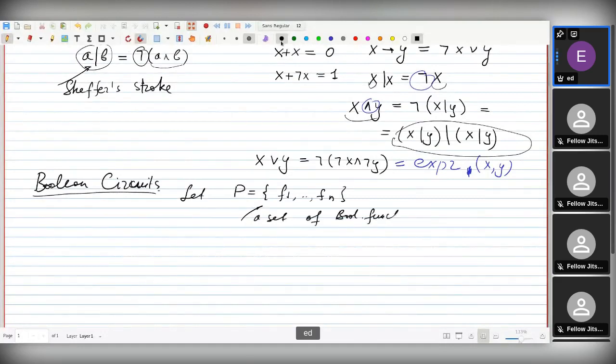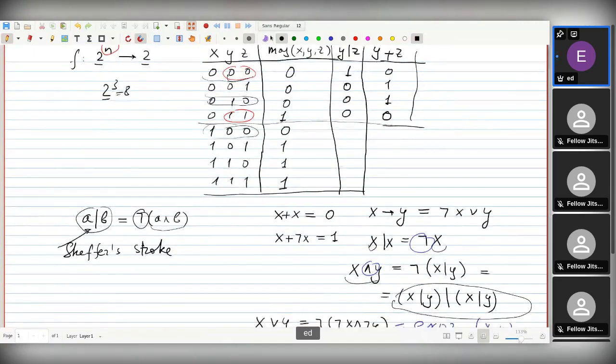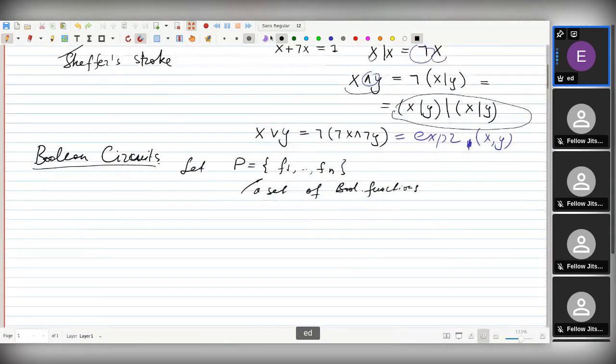It is a set of Boolean functions. Every Boolean function has some number of arguments. Assume that we have specified the number of arguments for each such function. So the first function takes k1 arguments, the last function takes kn arguments.